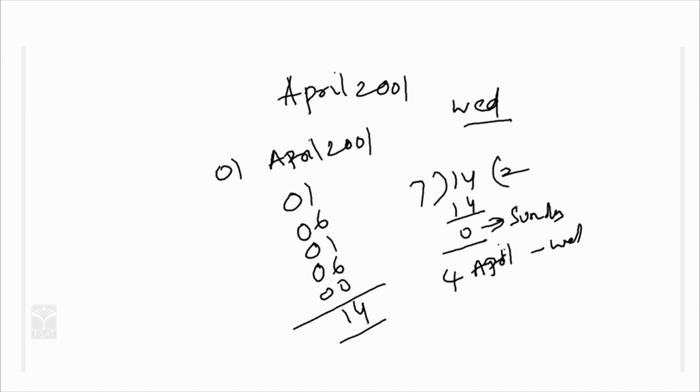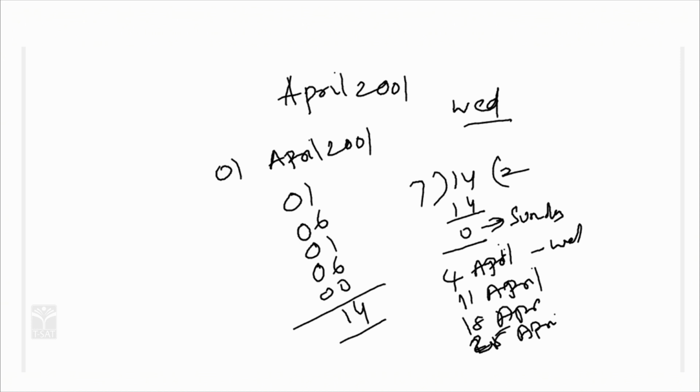Next you have to add 4 plus 7: 11th April is Wednesday, 18th April is Wednesday, and 25th April is Wednesday, correct. If you add 7 more, it means 32, but there are no 32 days in any month, only 31.